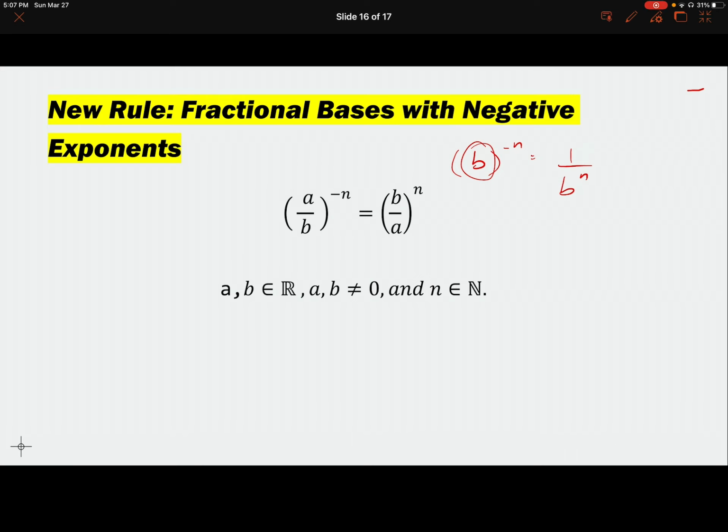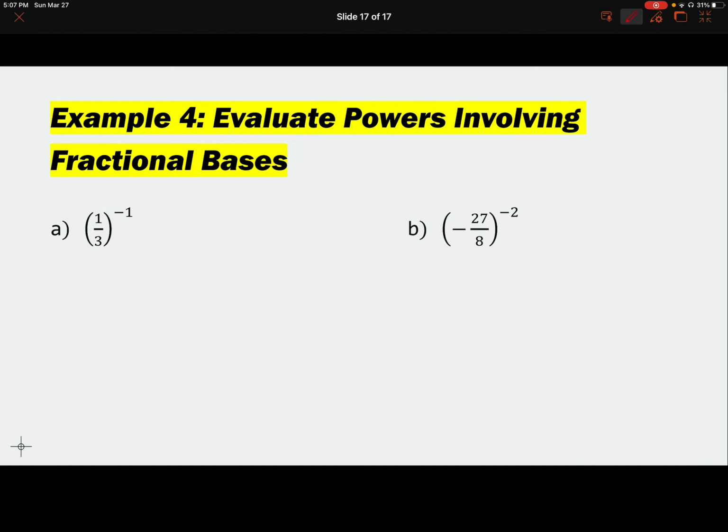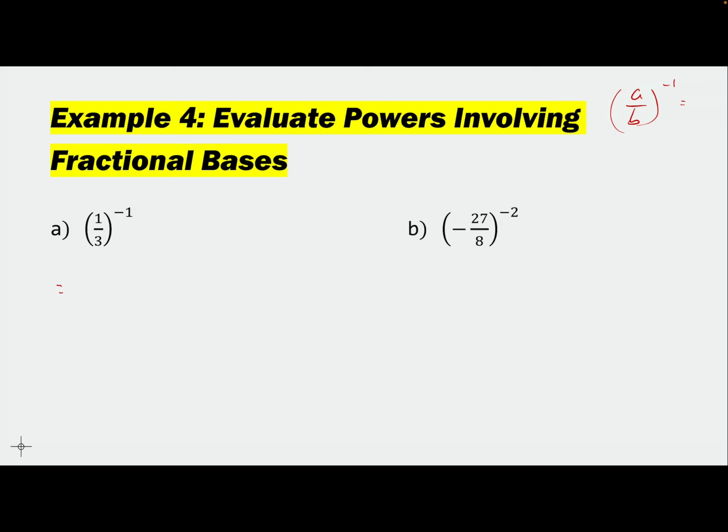All right, we'll go ahead and do some examples of this. These are actually quite easy to do once you can remember the rule. So the rule states if you have a fraction raised to a negative exponent, then you can flip the fraction and then rewrite it with a positive exponent.